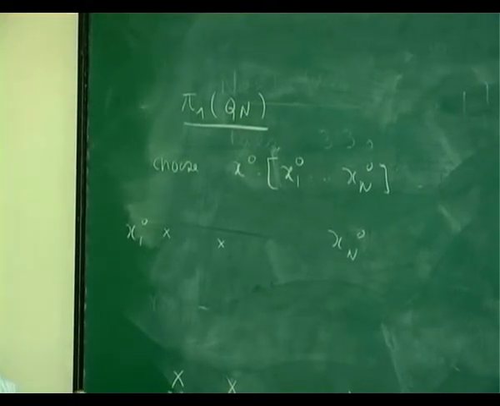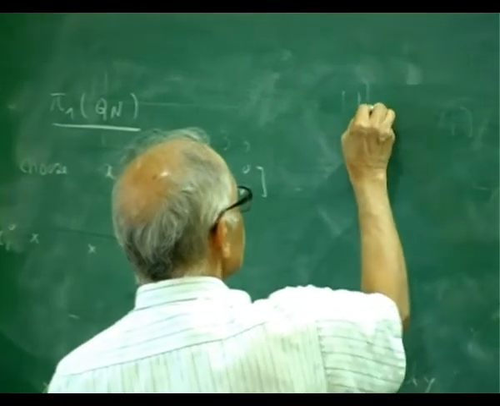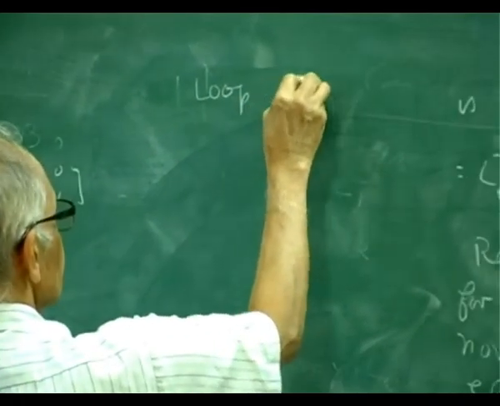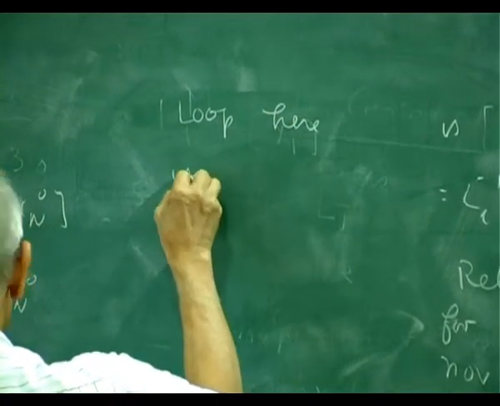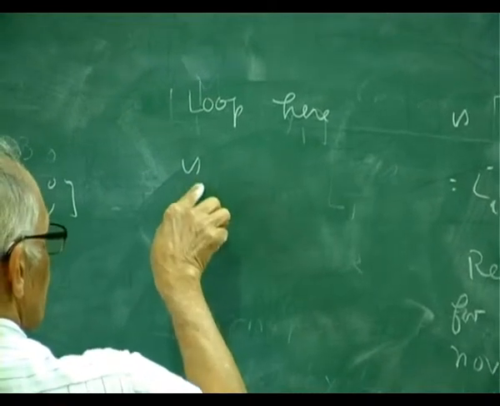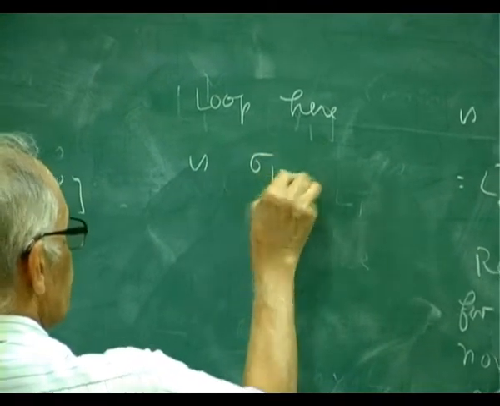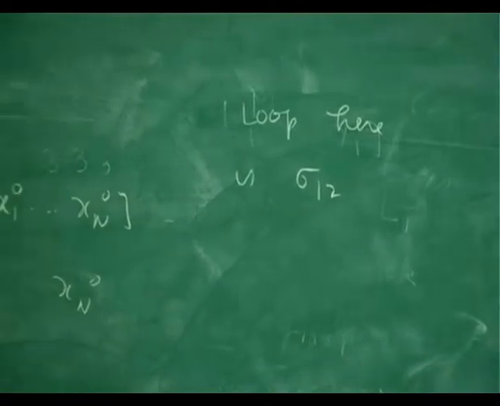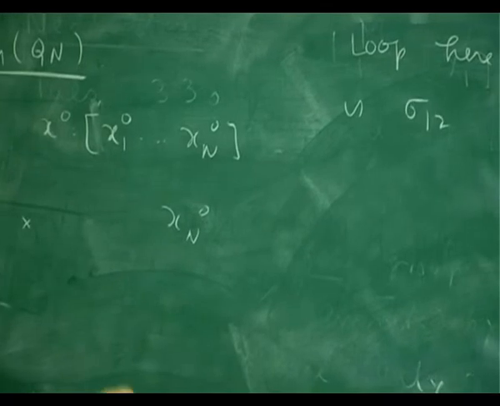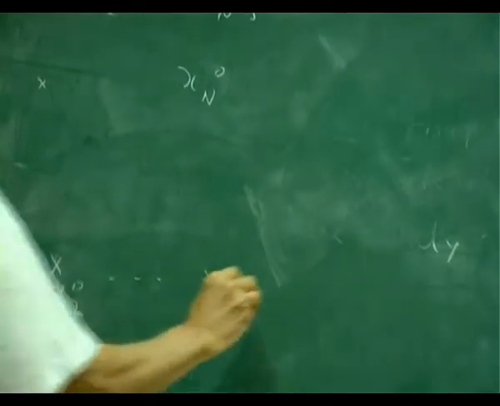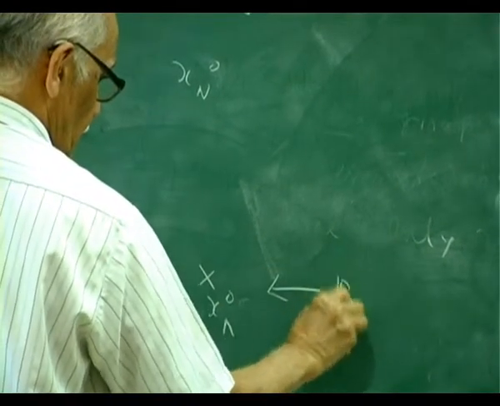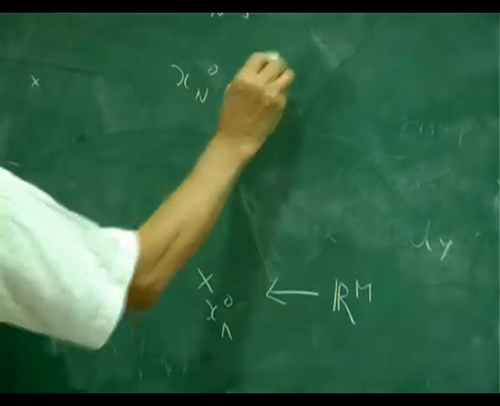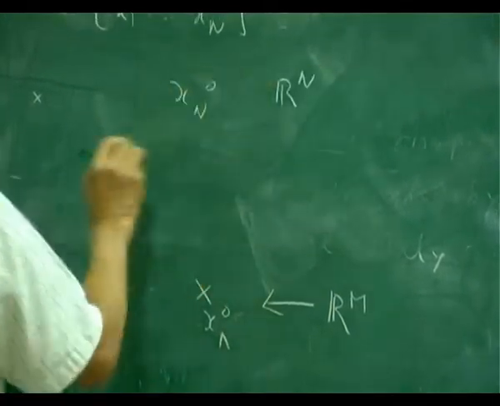Now I will write a loop here, let me call it sigma 1 2. What is a loop? These are living in Rm, and this is, if you like, time or the homotopy parameter, the curve parameter.